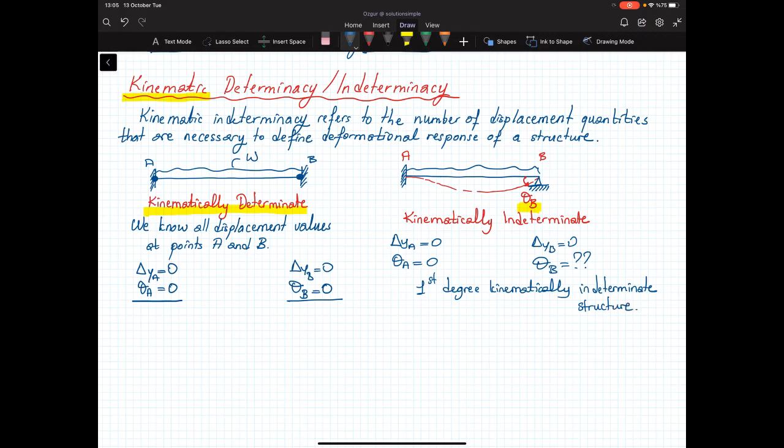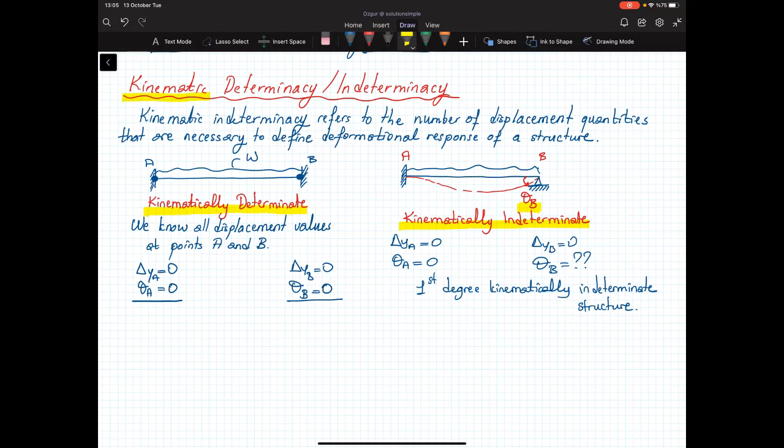So how do we use it? That's what we are going to learn in the structural analysis course. Let me repeat one more time: we will be focusing on displacement-based analysis methods. Since we are interested in the displacements or the deformations of the structure, we are actually interested in what we don't know in displacements.